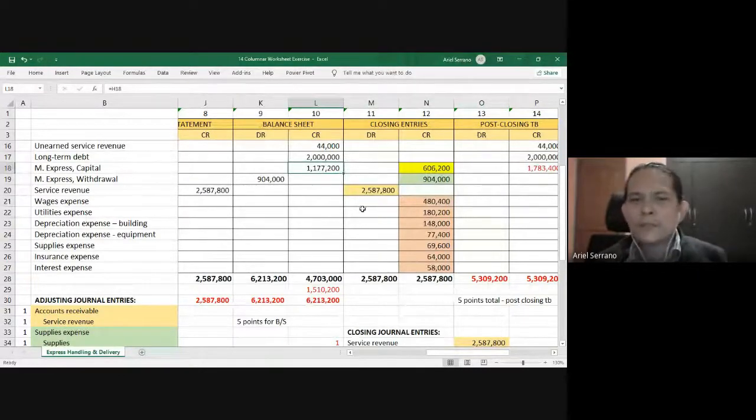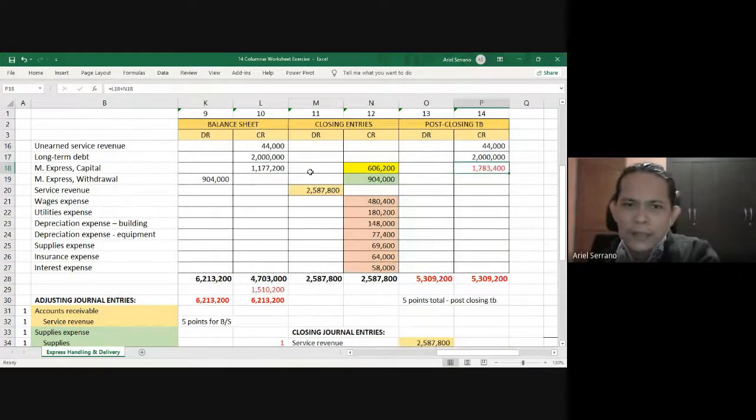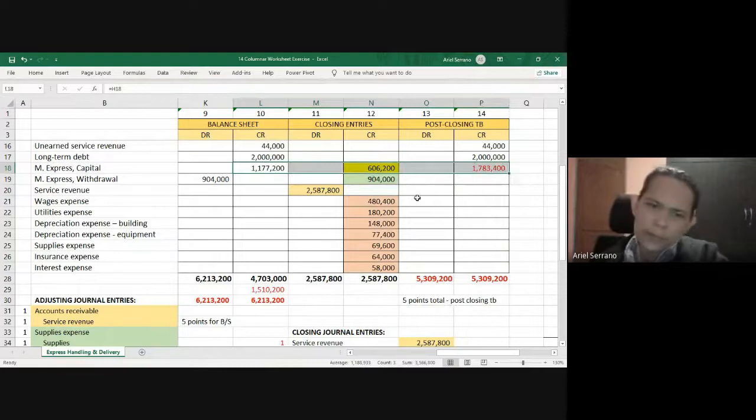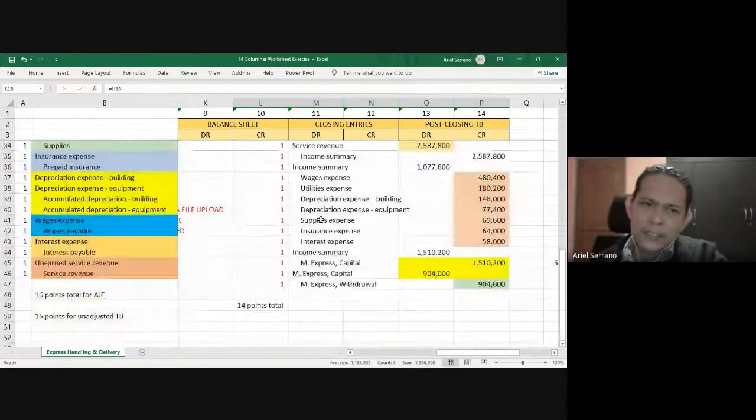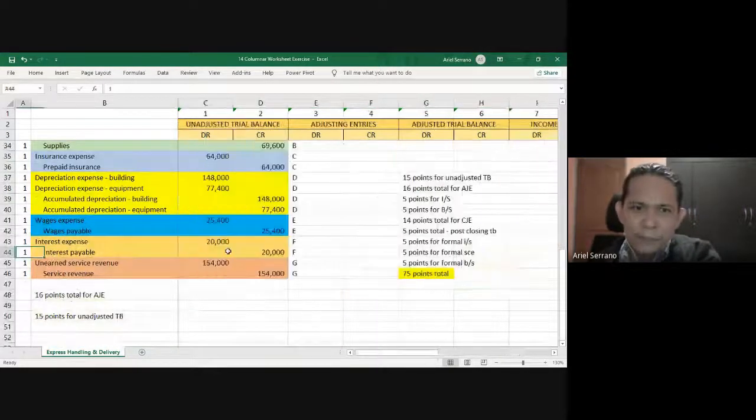We have to subtract any permanent withdrawals. Okay, we have to add the effect of the profit or loss, and then the closing of your withdrawal account. So basically, this is the movement that you will be seeing in your statement of changes in equity. Okay, it's just that it's not presented here.